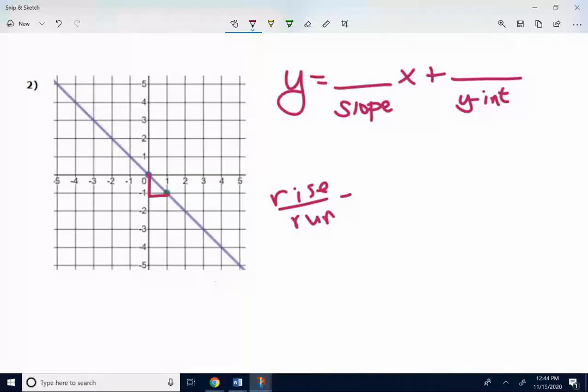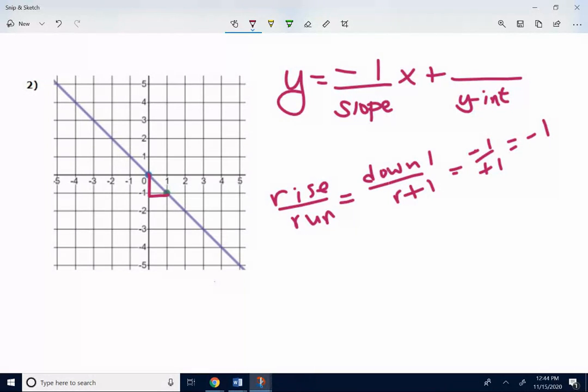okay, I went down one, right one. So my rise of down one, that's a negative one because up's positive, down's negative. And right one in the run as a right one would be a positive one. Okay, because right's positive, left is negative. Okay, so my slope would be negative 1 divided by 1, and that's negative 1.